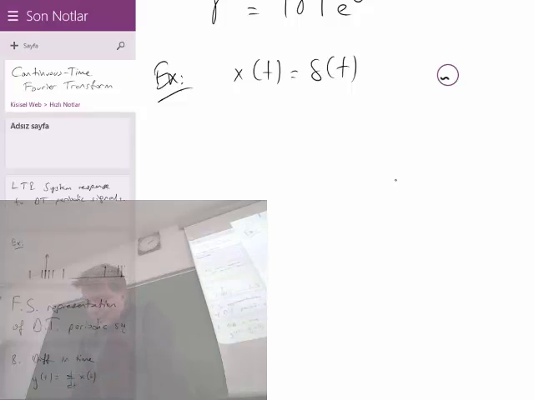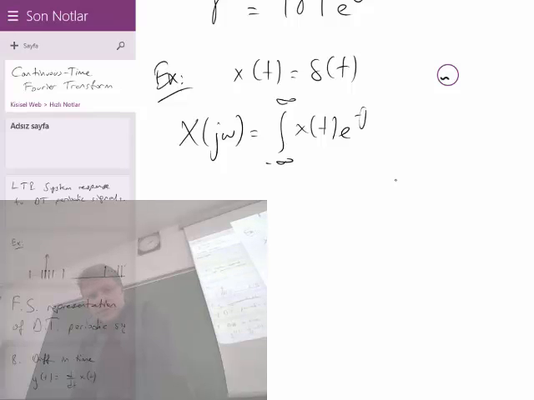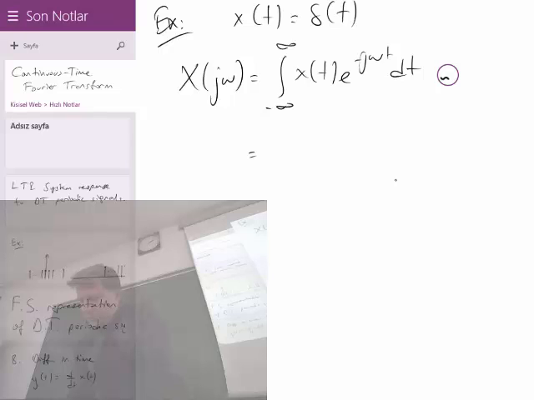If we write down the integral formula, from minus infinity to infinity x of t e to the minus j omega t dt, we just need to substitute delta t e to the minus j omega t dt here, from minus infinity to infinity.